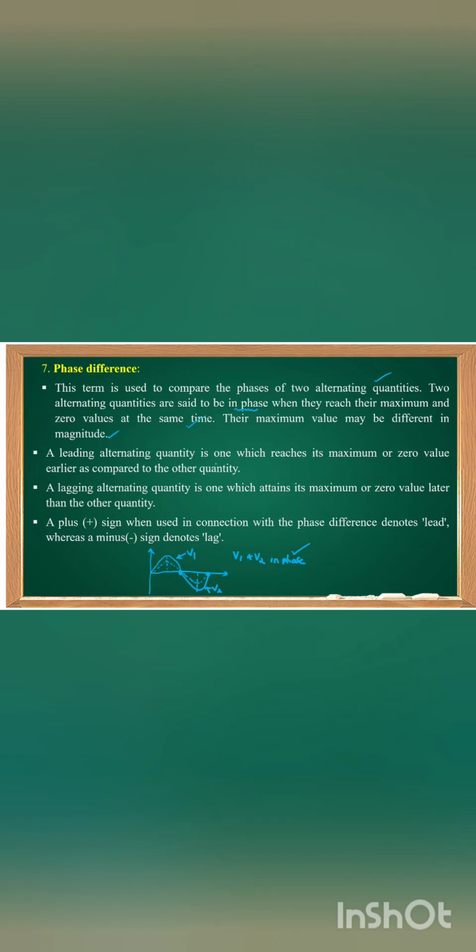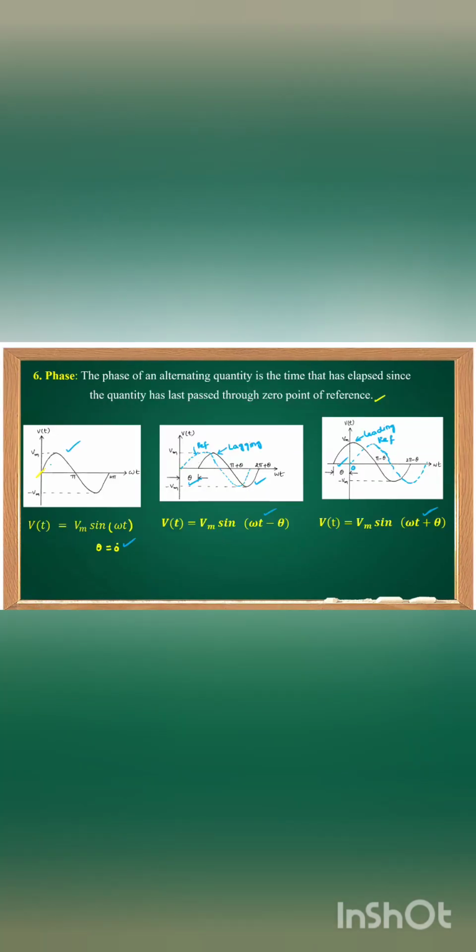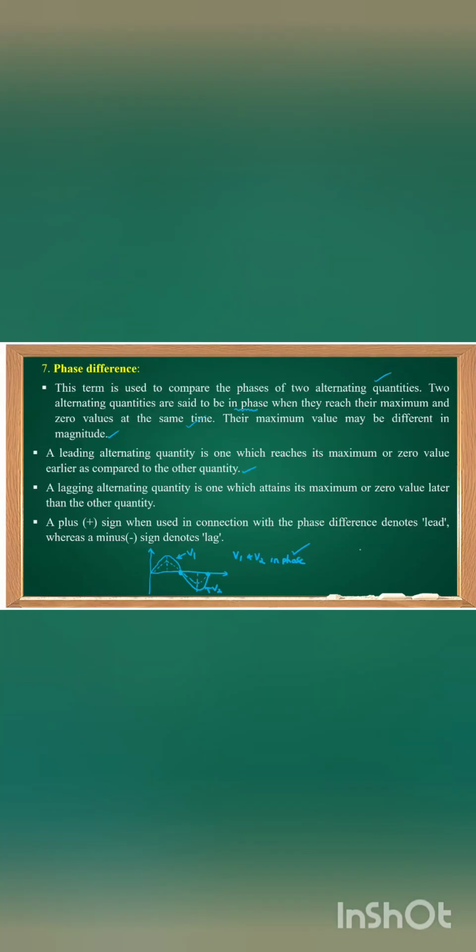A leading alternating quantity is one which reaches its maximum or zero value earlier as compared to the other quantity. This one is the leading waveform. As compared to this quantity, its maximum and zero values take place earlier. Here itself I am giving an example. Here is one waveform, and you take one more waveform.